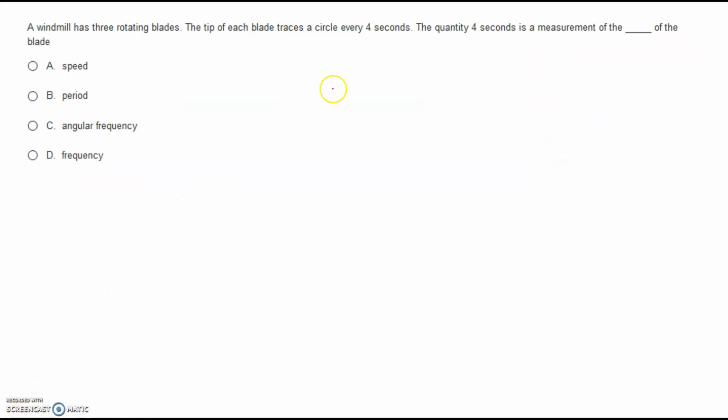Okay. For this one, I used independent practice on page 32 of 34, lesson 5.1. It says a windmill has 3 rotating blades.